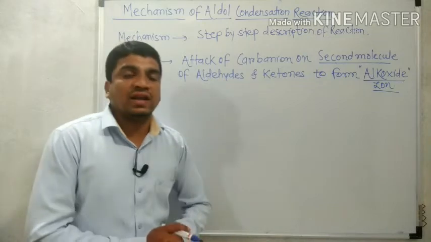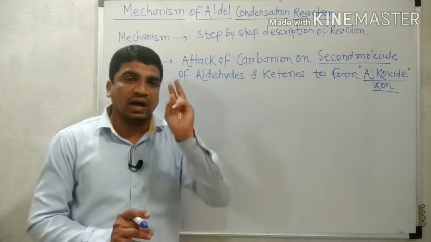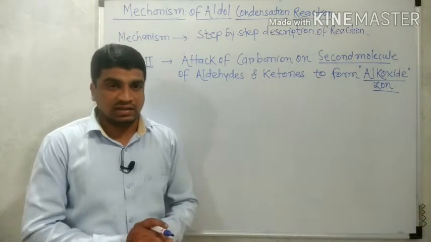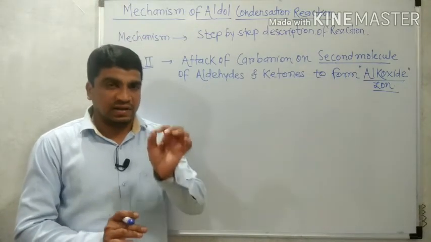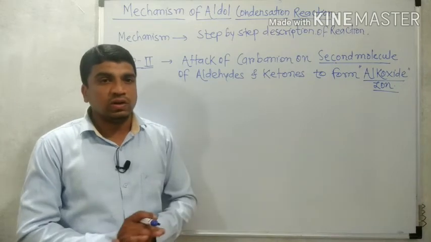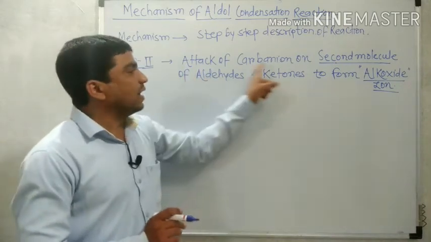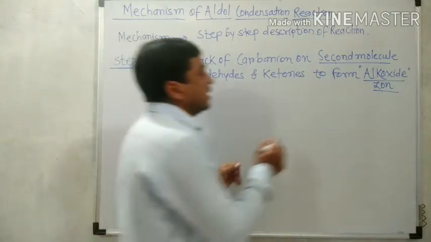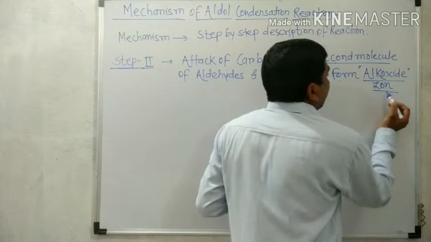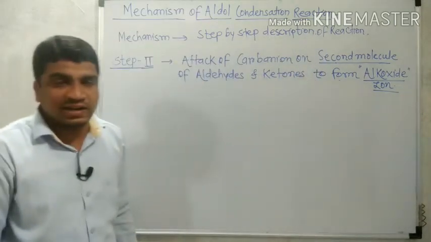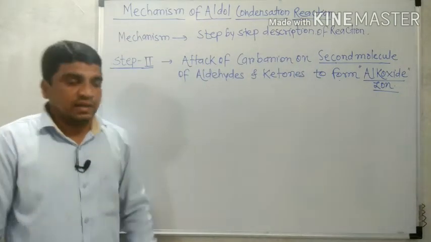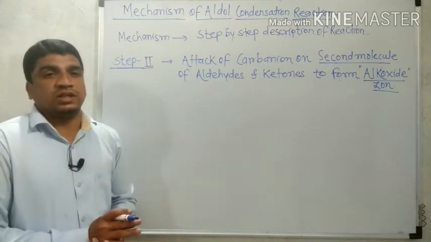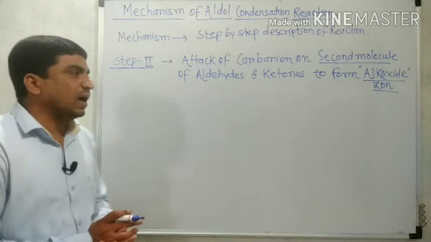We know that in the Aldol condensation reaction, two molecules of aldehyde or ketone are used. Therefore, the second molecule of aldehyde or ketone is attacked by the carbanion formed in the previous step. After this attack, an alkoxide ion forms. Which ion forms? Alkoxide ion. Here, the oxygen atom is present with the remaining structure, therefore it is called an alkoxide ion.